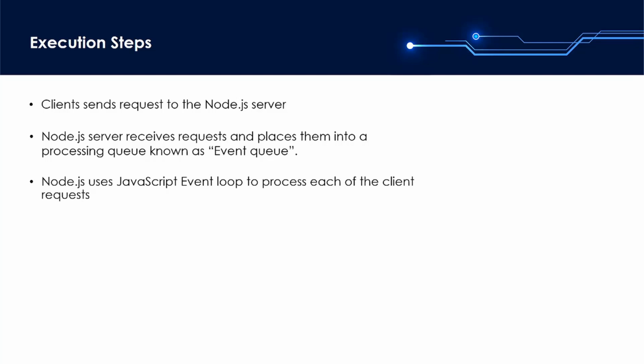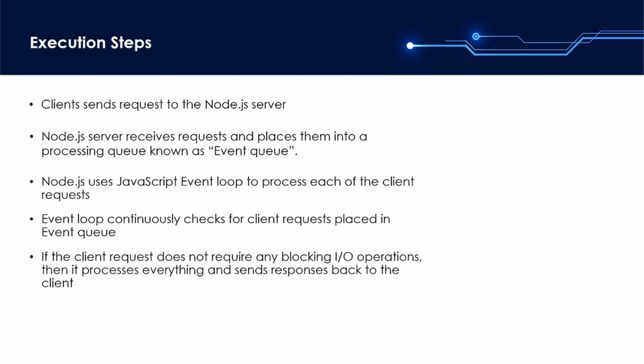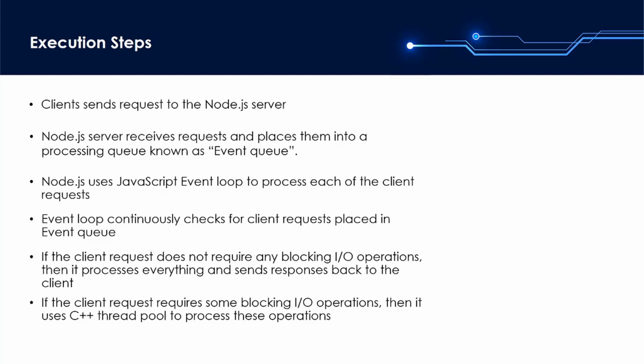And while the requests are being processed, the event loop will continue checking the event queue for further requests from the client. Now, if the requests do not require blocking operations, the event loop will process all the requests and send back responses to the client. But if the requests require blocking operations, it will use the thread pools to process the required operations and send back the responses.